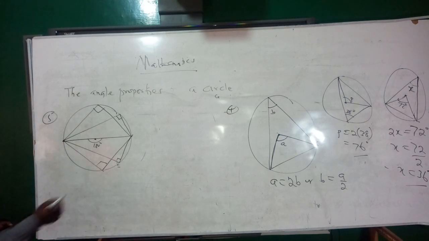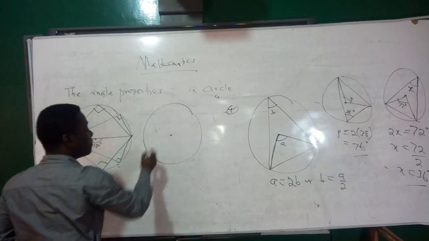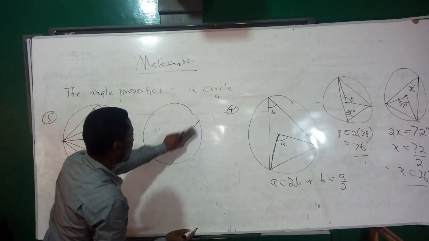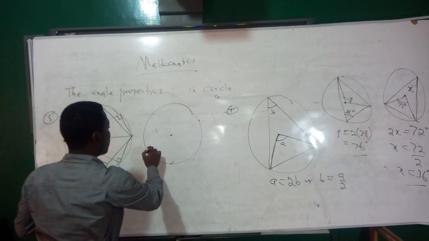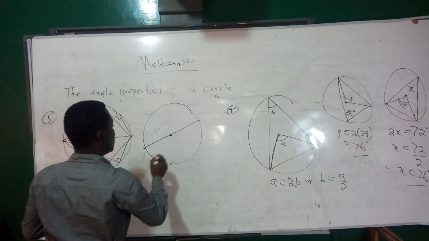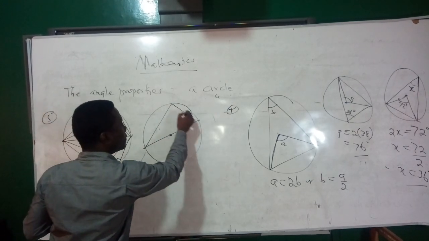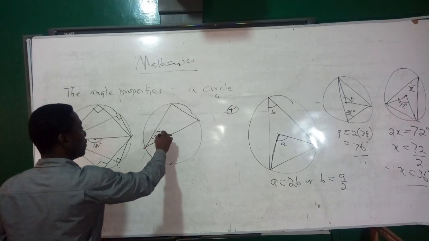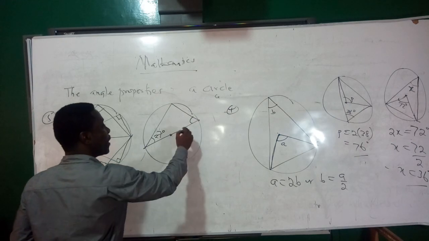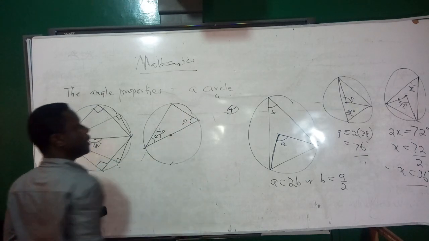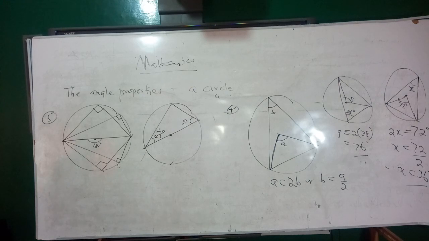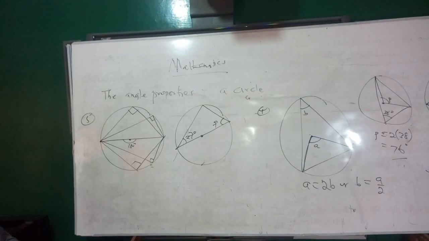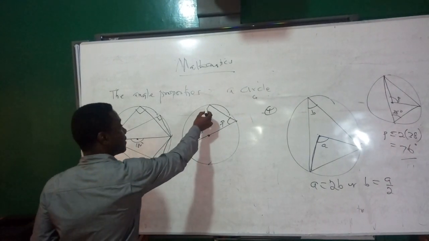except that maybe let me pick another one here, so that if I had a diameter, and let's say this is 27 degrees, and I wanted to find probably the angle Q. Now, from the property we just looked at, it will mean that the angle here is 90.